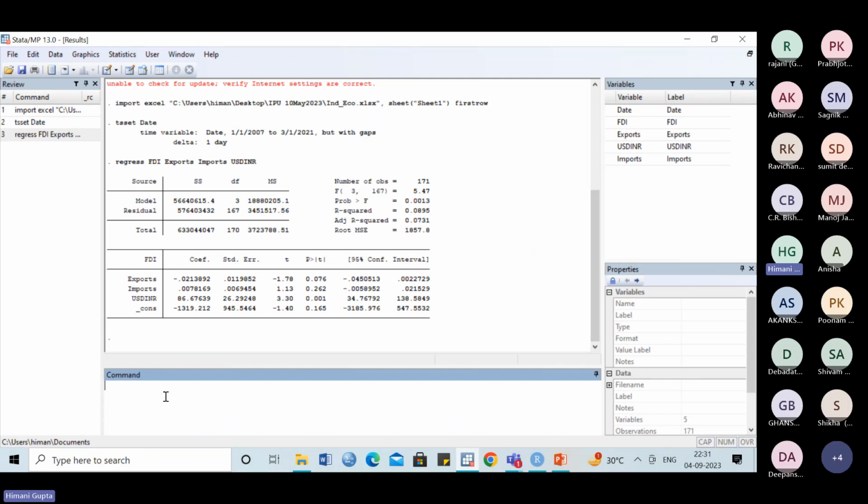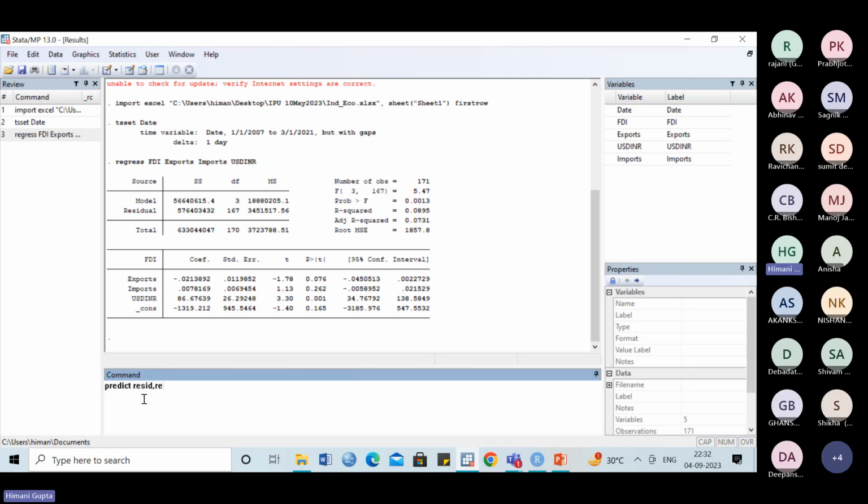So for that, our command will be, first of all, now we have to create residuals. If you remember in R also, we have created the residuals. So we will also create the residuals over here. So to create the residuals, what we are going to write over here, I am saying predict. We are giving instructions to Stata that predict my residuals, and the name for the residuals I am giving resid, comma, RE.